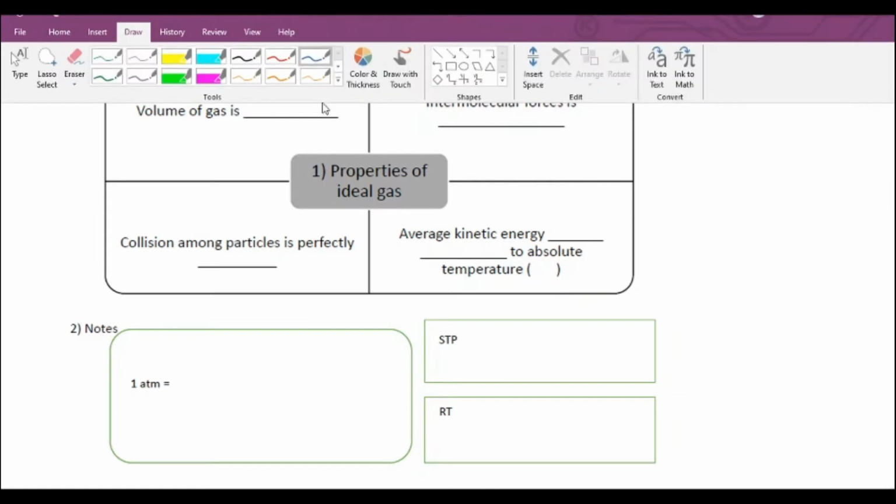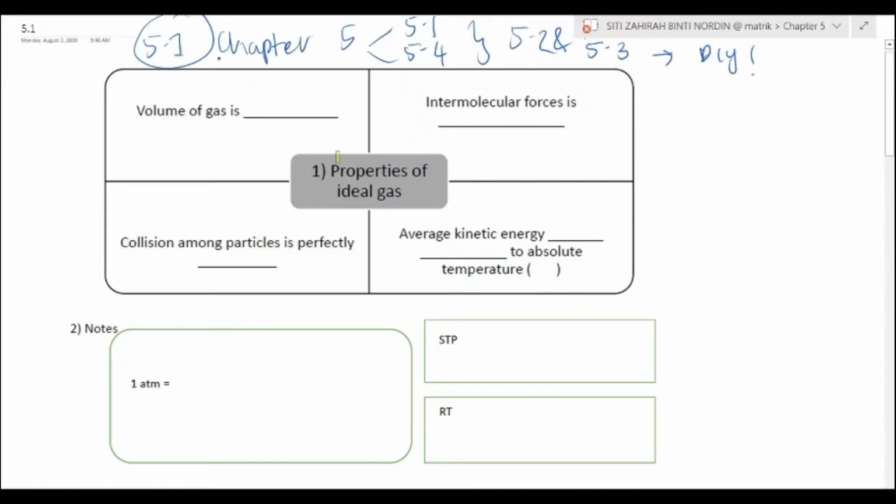The first one, I want you to put a star on it. You have to remember the properties of ideal gas, which are: first, the volume of gas is negligible. Negligible means it can be ignored.